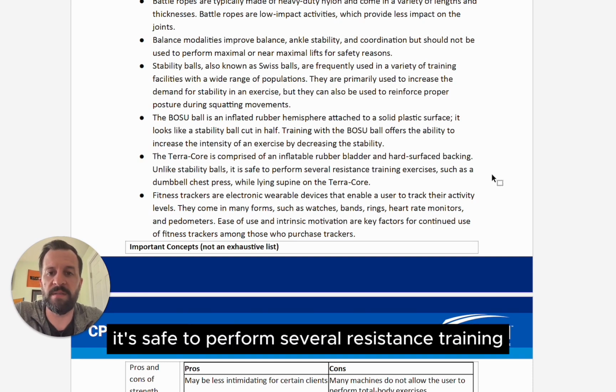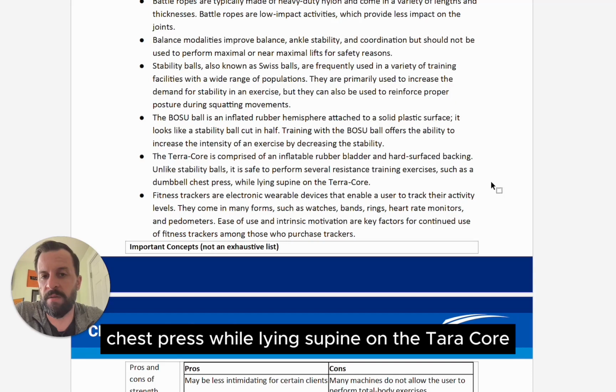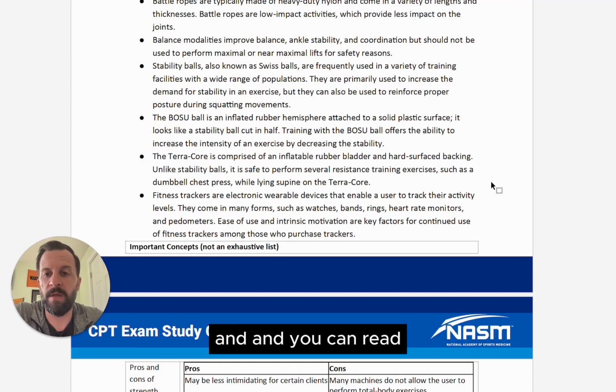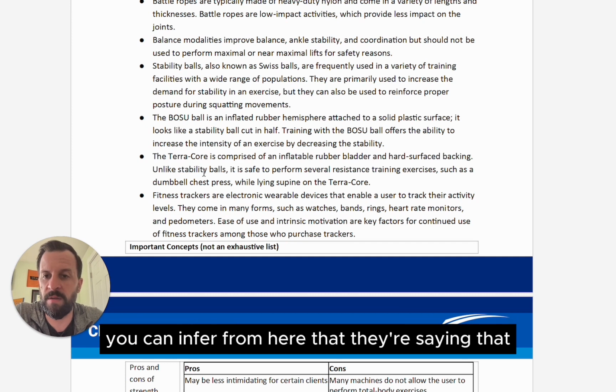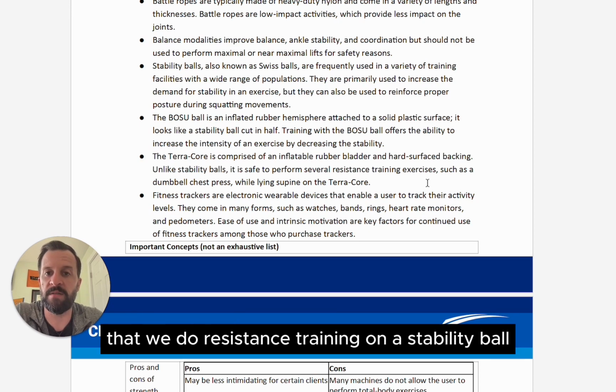Unlike stability balls, it's safe to perform several resistance training exercises, such as a dumbbell chest press while lying supine on the TerraCore. TerraCore obviously has a little bit more support, and you can infer from here that they're saying that it is not recommended that we do weight training, that we do resistance training on a stability ball.